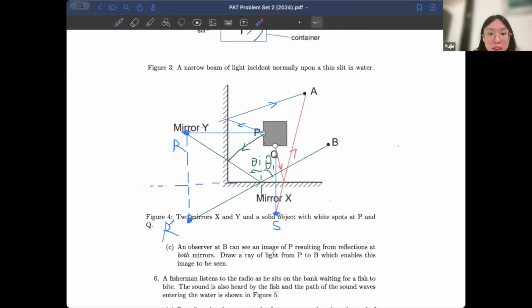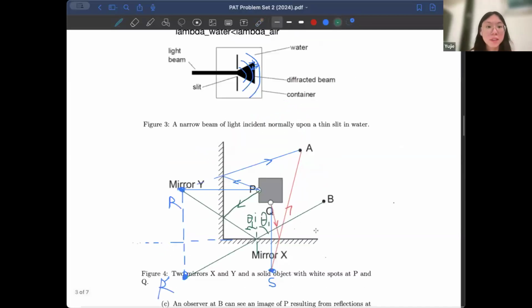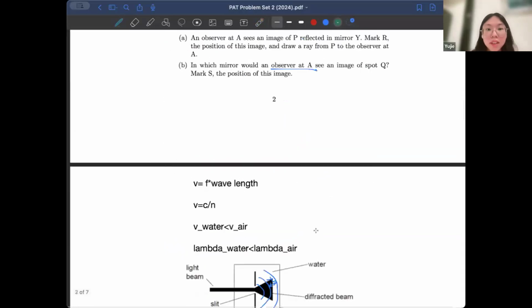For example, for this part, we can label both the angle of incidence and angle of reflection as θ1 so that it's more clear that these two angles are equal to each other. Okay. Any question with problem 5?